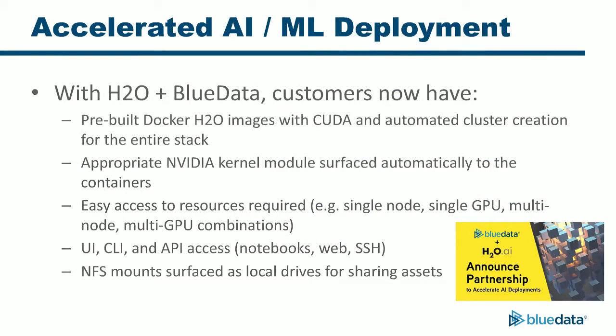So how do you go about deploying something like this? Right. So in terms of accelerated AI deployment for H2O and other applications we support, it is really about providing the pre-built Docker images, and a lot of pre-built understanding of all the different components that we know of working with H2O, with an ability for customers to customize some of this to match their needs.